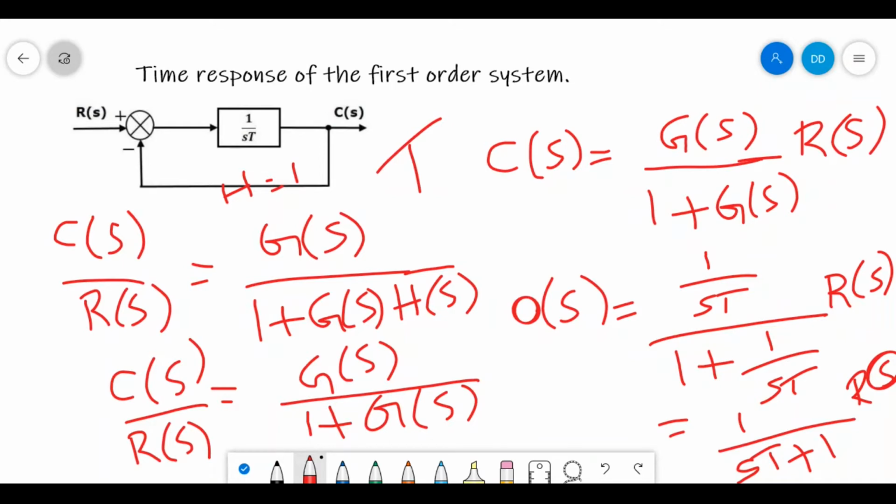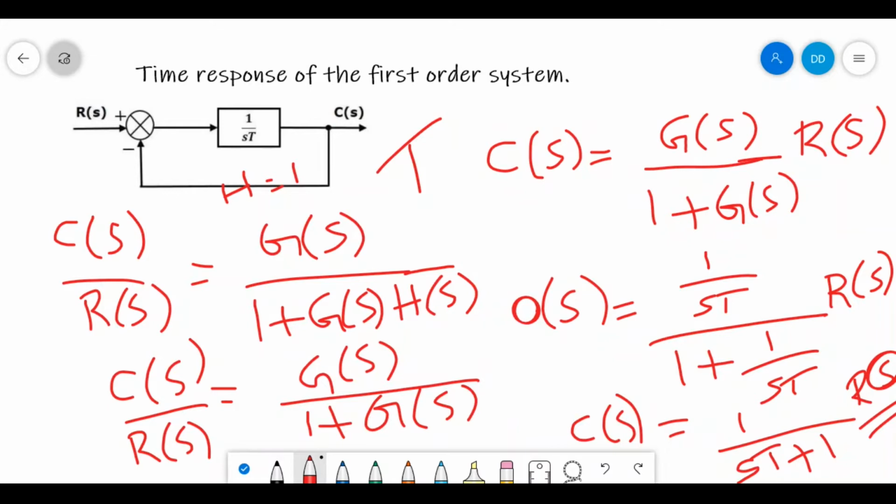Now, if we want to obtain the response, that is the output of the first order system in the time domain, first we have to obtain this equation: C of S is equal to 1 by St plus 1 into R of S. After that, substitute R of S value in the equation. R of S can be a step input, impulse input, ramp input, parabolic input, anything.